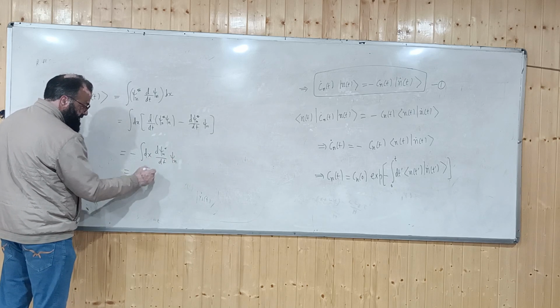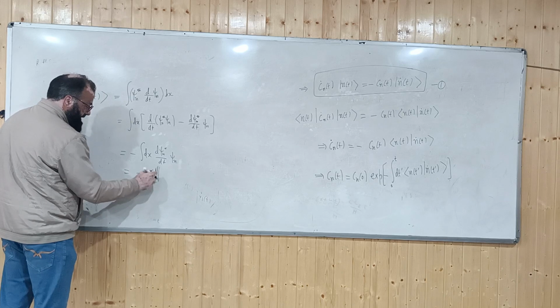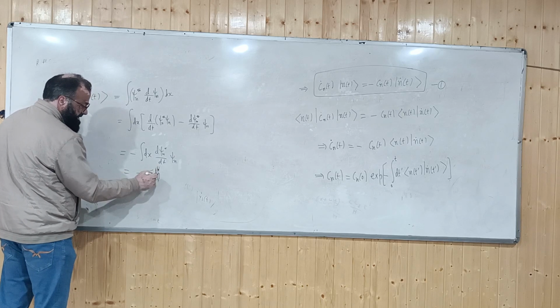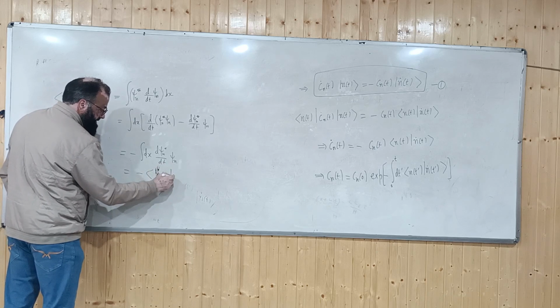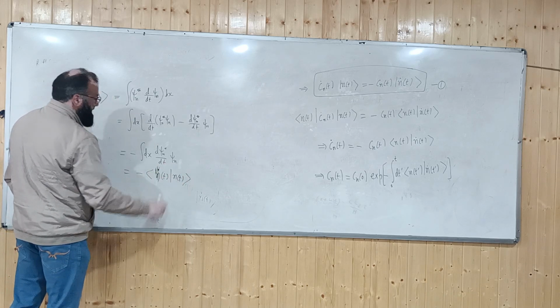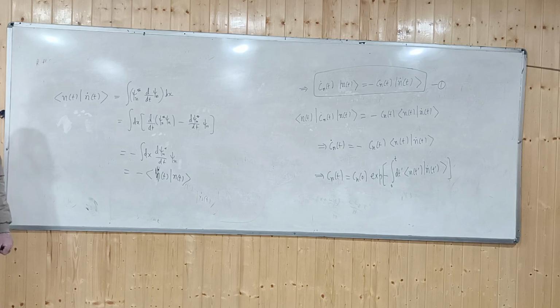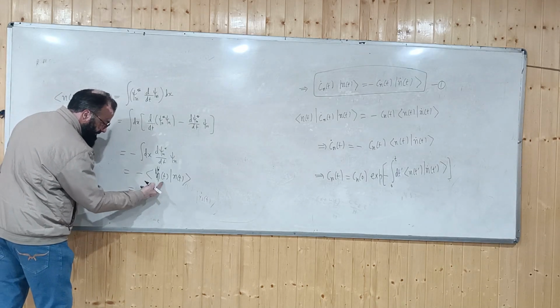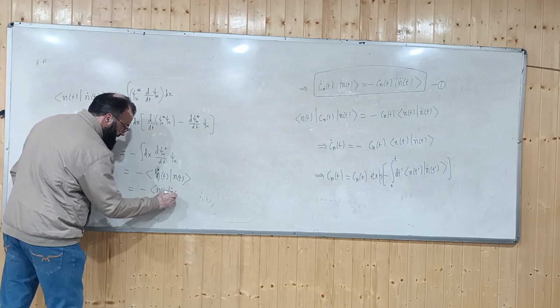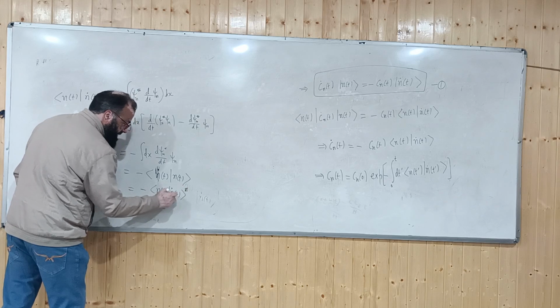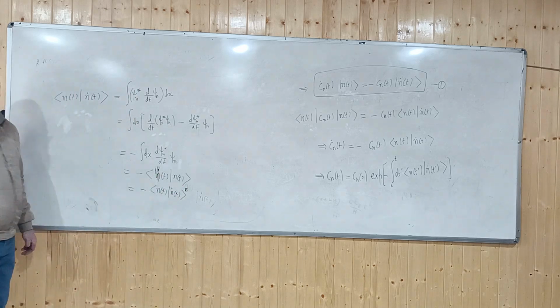It is minus ⟨ṅ(t)|n(t)⟩, with ṅ on this side and n of t on the other. Since if I interchange the two, I have to apply the complex conjugation, you put a complex conjugation on this and you get back.